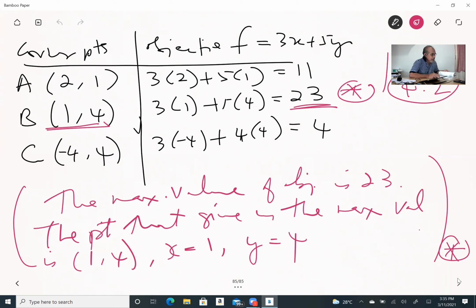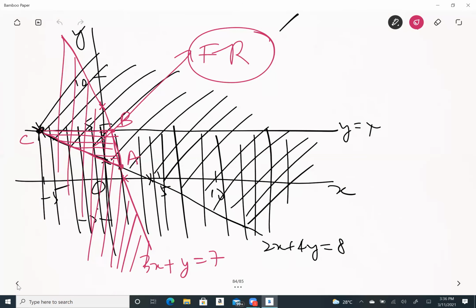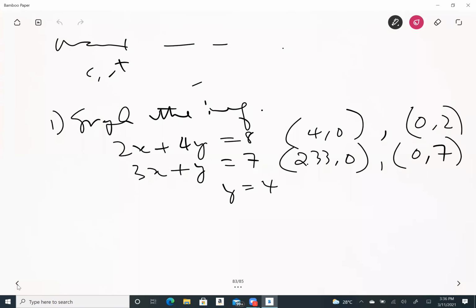So here, when you have optimization problem, we either maximize or minimize the objective function. Let me see here, application 4.2, the maximum. All right. Now suppose I want to do the minimization problem. I haven't done that. Let's go back to the example.